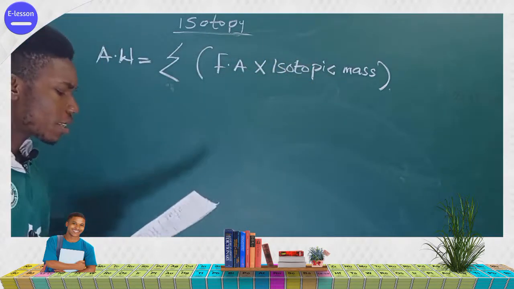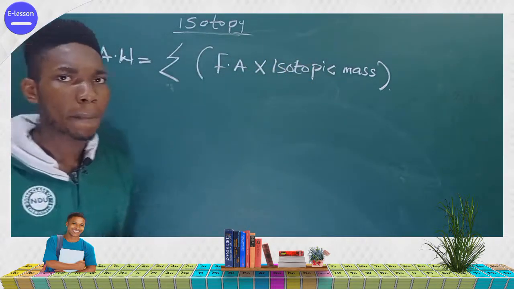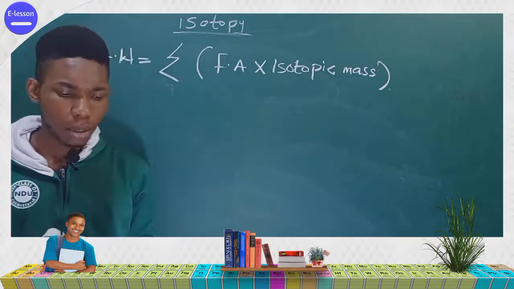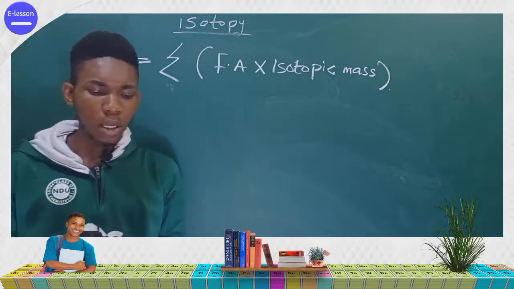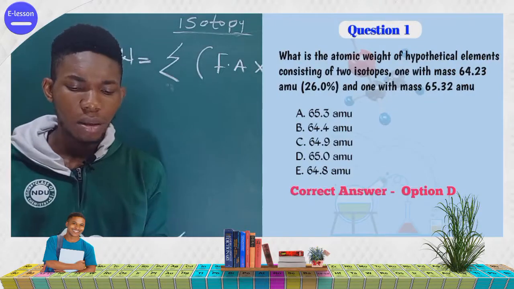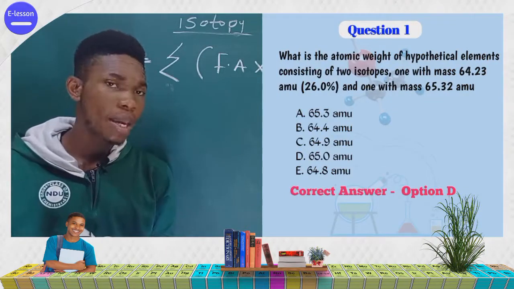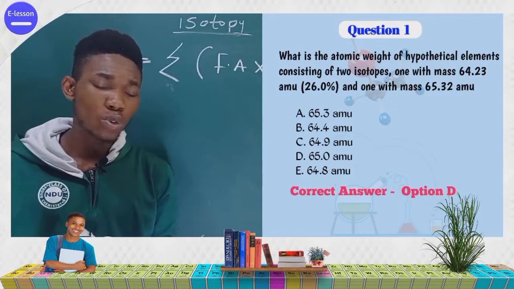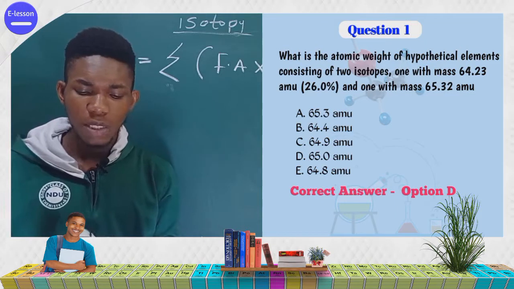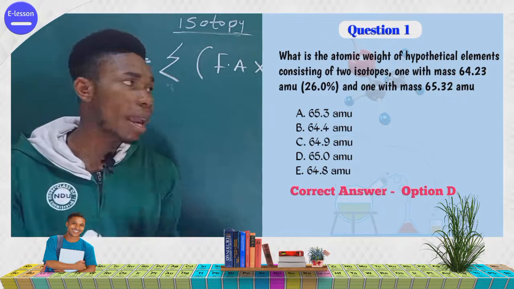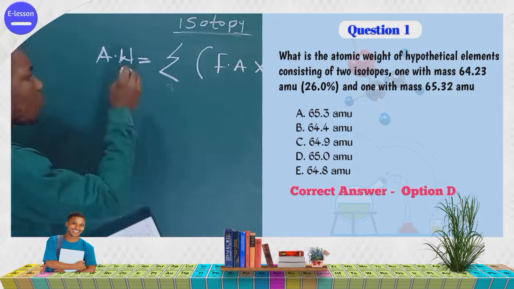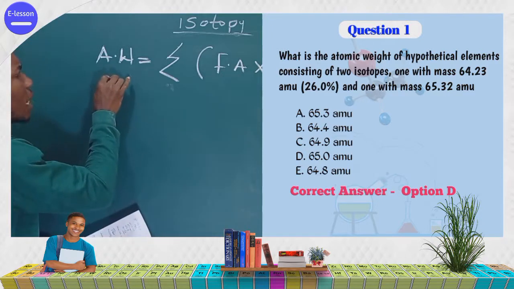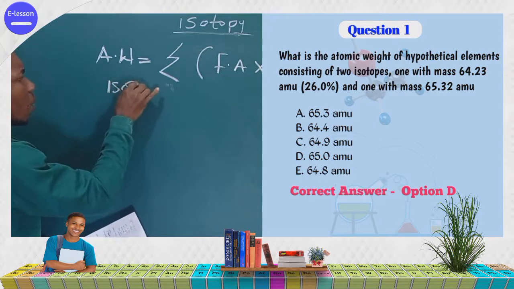So for instance, let's take question 1. Question 1 says: what is the atomic weight of a hypothetical element consisting of two isotopes, one with mass of 64.23 AMU. Let's use A and B, because they said hypothetical element.